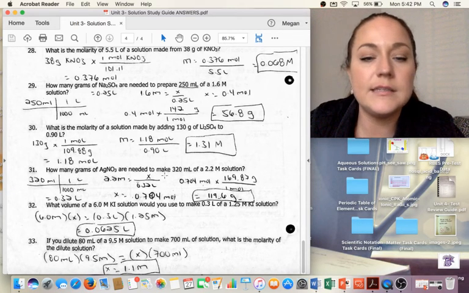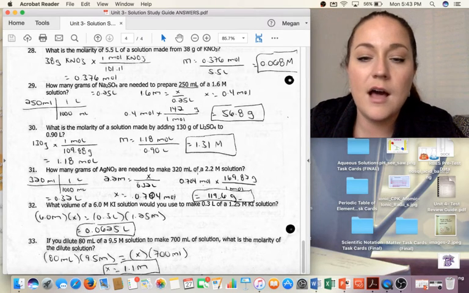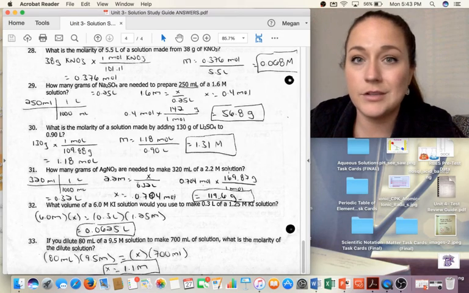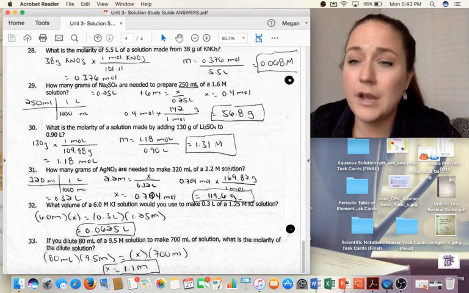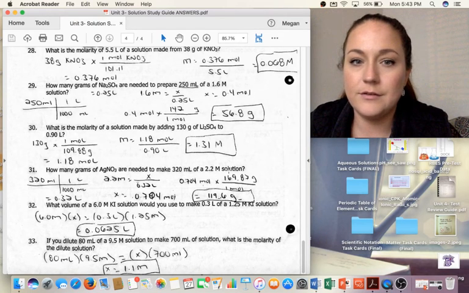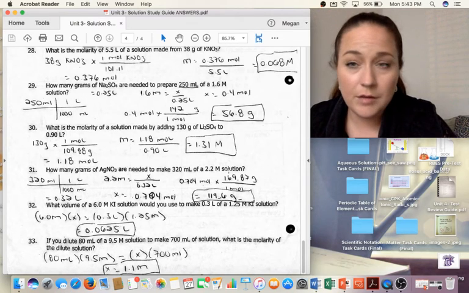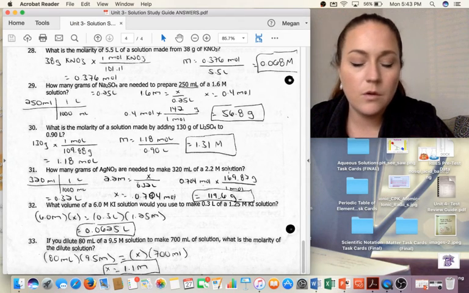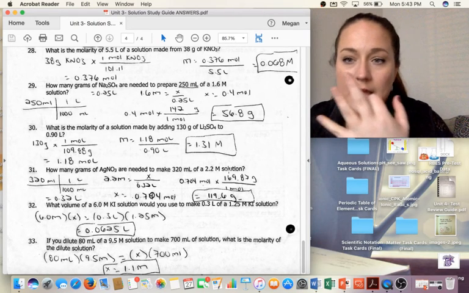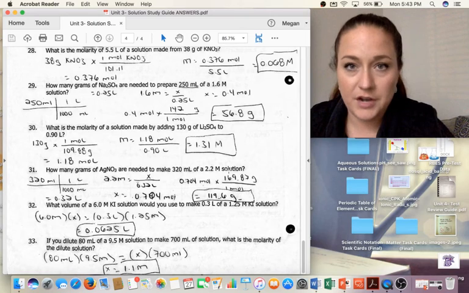So number 31, how many grams of AgNO3 are needed to make 320 milliliters of a 2.2 molarity solution? Now, this is a triangle again. It's really easy to figure out which are your triangles: if you are only given two numbers among moles, liters, or molarity, and they ask you for a third one, it's going to be a triangle.